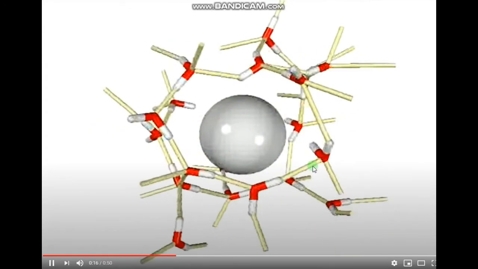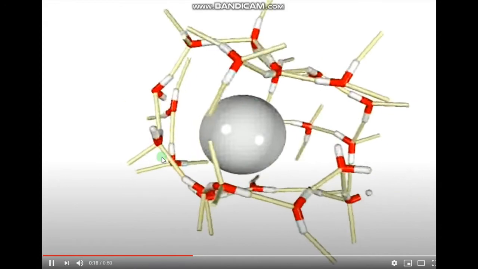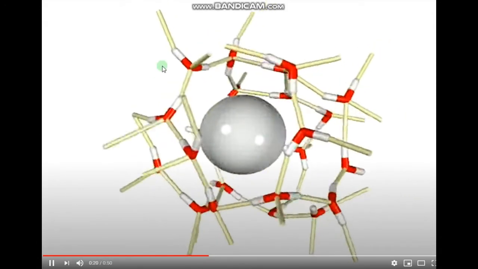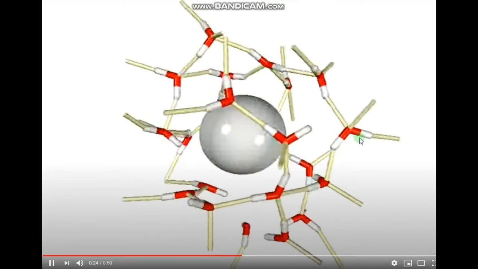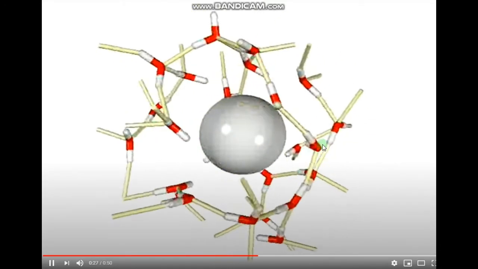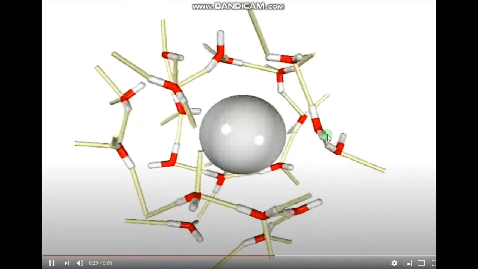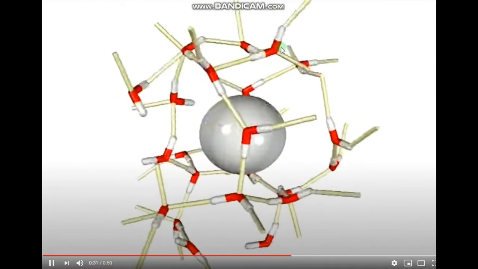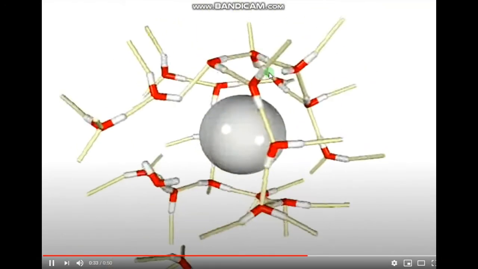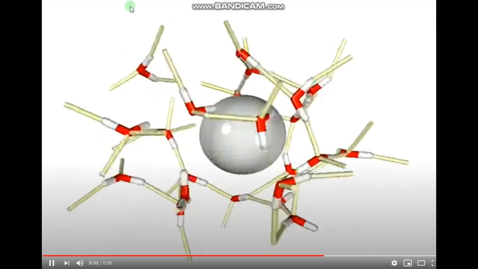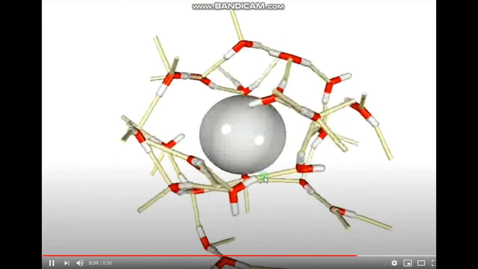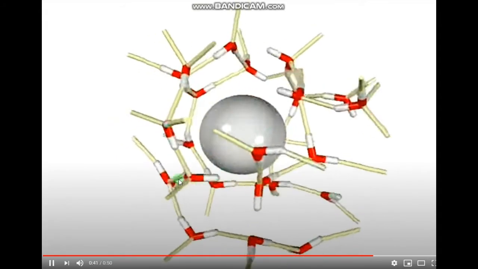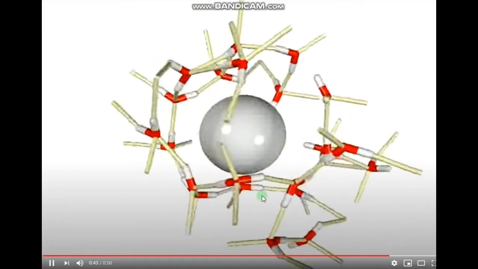The reason you're getting this rotation is simply that the camera angle is rotating around like this, so the molecules are not really dancing around the xenon like this. That's just for effect. So really they're in more or less static positions. And also, this simulation was actually done with a big box of water molecules all around here, but they've just shown the ones closest to the xenon just for clarity.